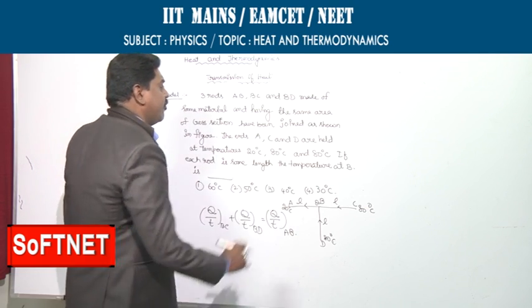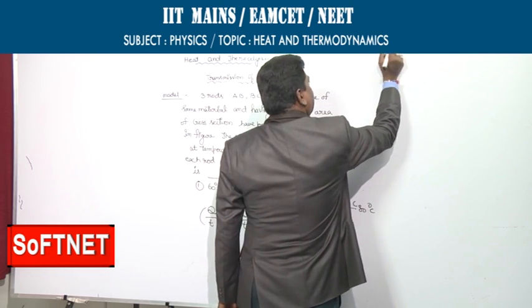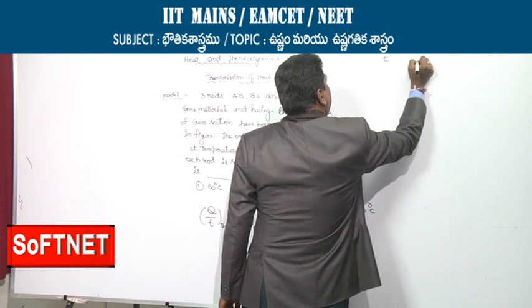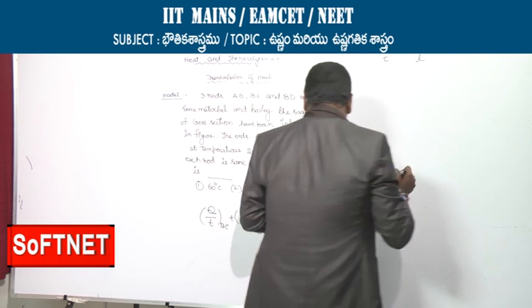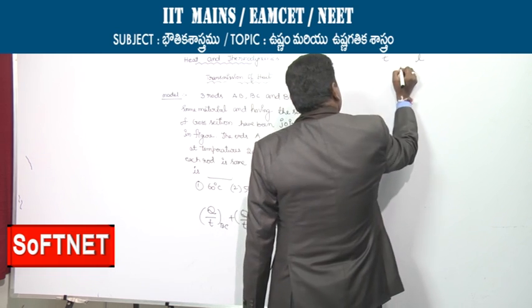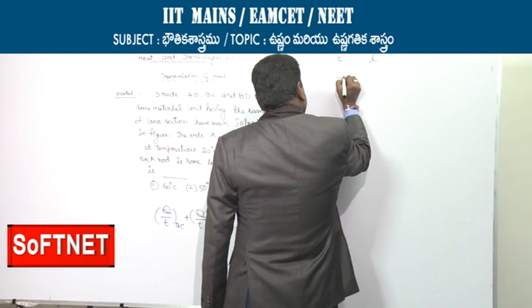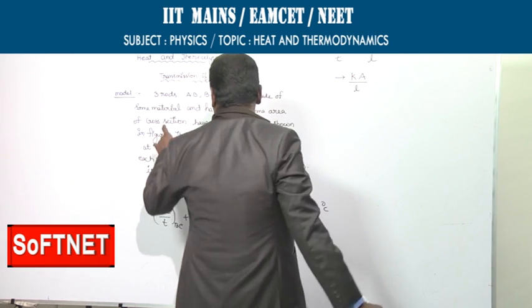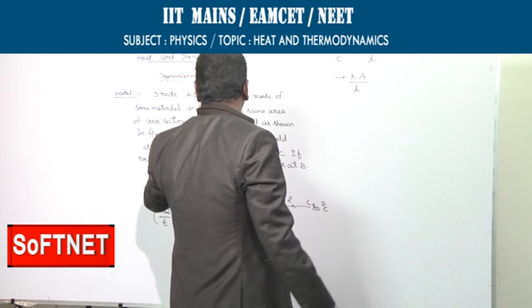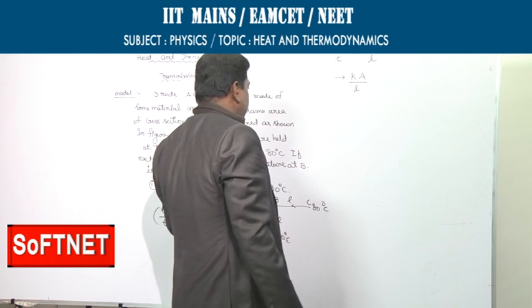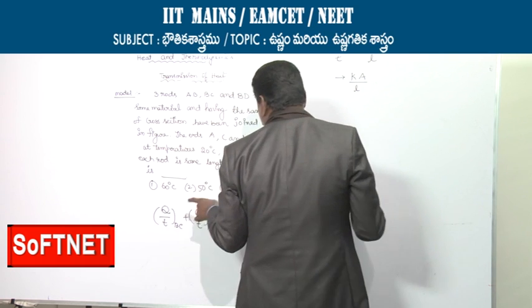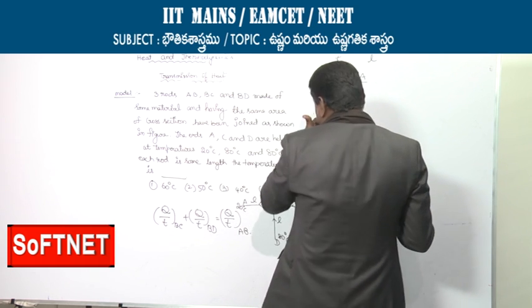But the rate of heat flow is given as Q by T equals KA delta theta by L. According to this, because of the same material, same length and same area of cross section, we do not change KA by L, we change only the temperature part.